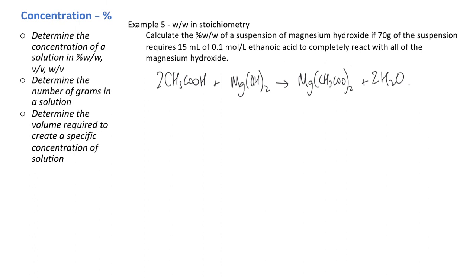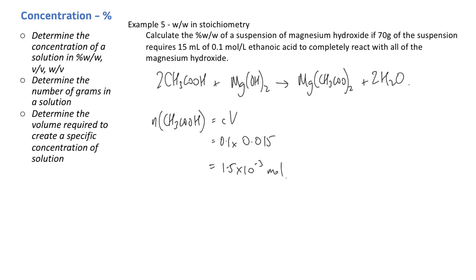Okay, so we can work out the number of moles of ethanoic acid, which is equal to CV, which is equal to 0.1 times 0.015, which happens to be 1.5 times 10 to the negative 3 moles.